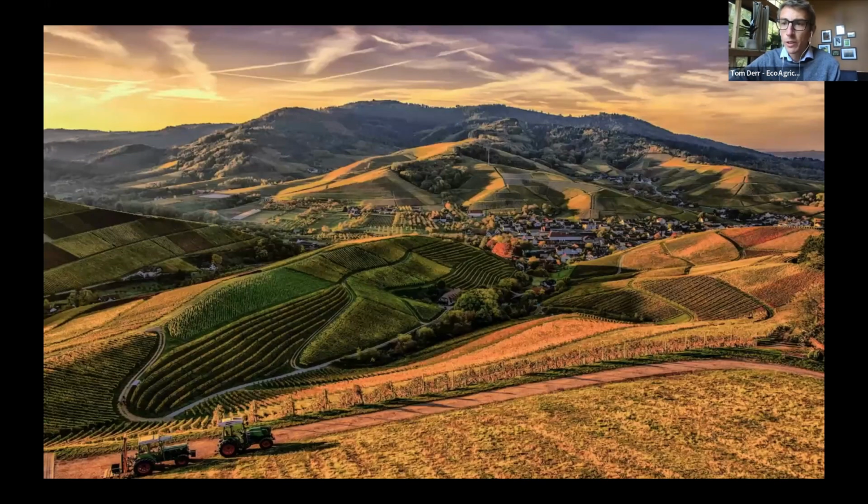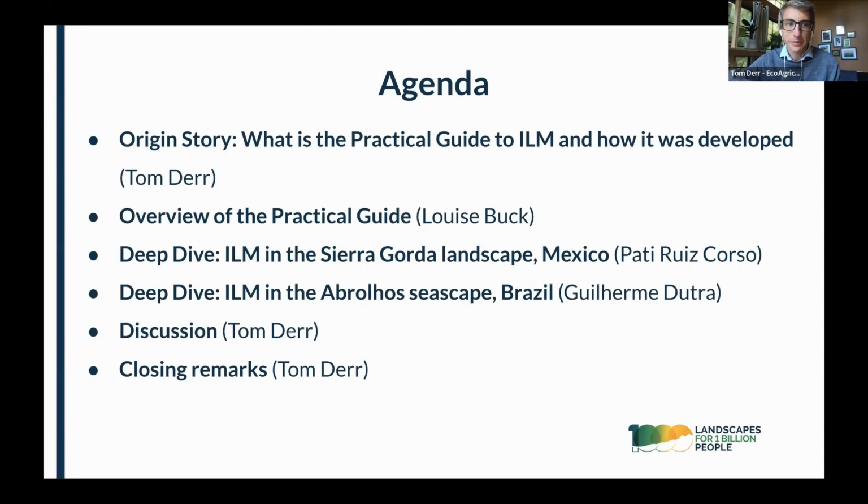Just to give you a quick overview of our agenda for today, I'm going to briefly take us through the 1000 Landscapes initiative for those who might not be familiar with it, and give you a quick explanation of what we're all about and what we're trying to do to frame this webinar.